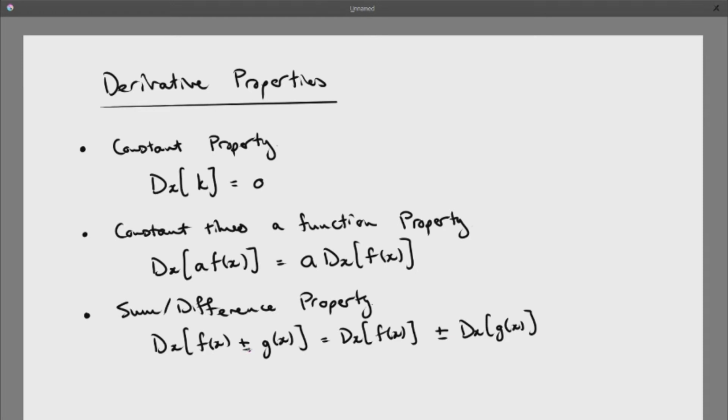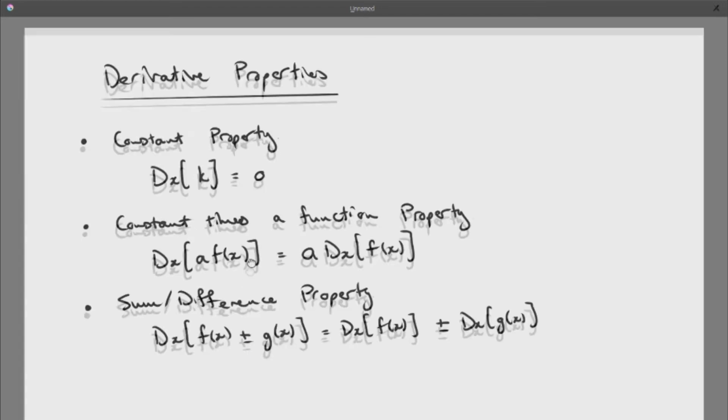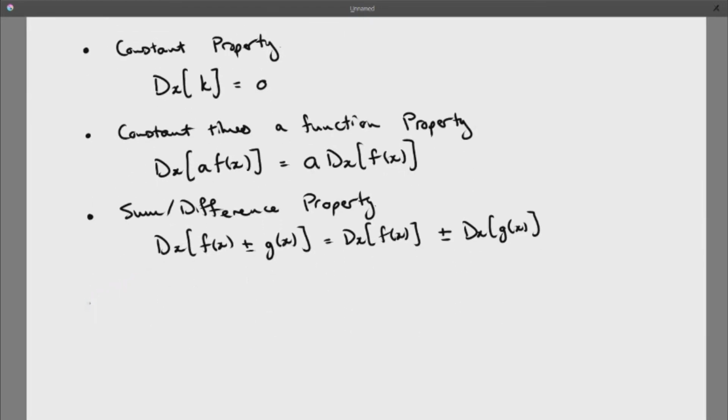So those are the properties that I very easily forget to give enough attention to because I'm so focused on the important ones like the power rule, where the power rule only says what it says.